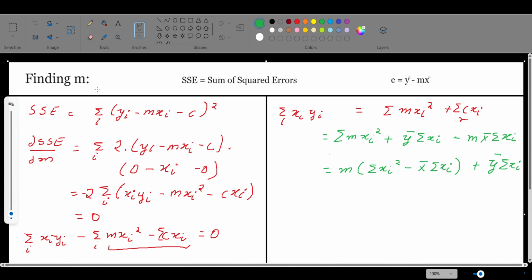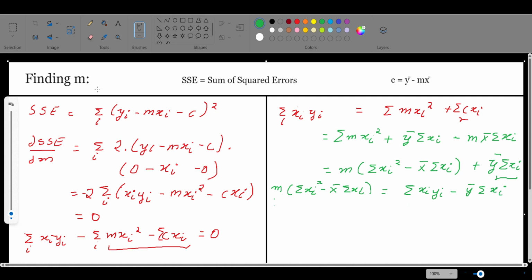Now what we're going to do is bring the non-m term to the other side. So we'll just swap the sides. So we're going to say m times summation of xi squared minus x bar summation of xi is equal to summation of xi yi minus y bar summation of xi.